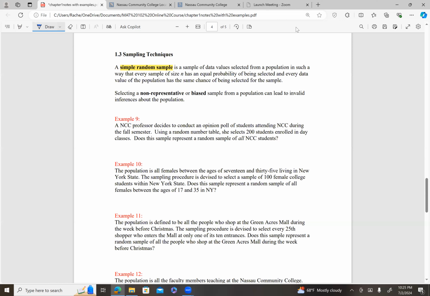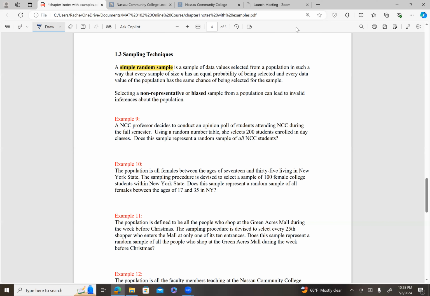It's a sample of data values that we select from a population in such a way that every sample of size n has an equal probability of being selected. And every data value of the population has the same chance of being selected for the sample. So completely random. And every item or individual has the same chances of being selected.